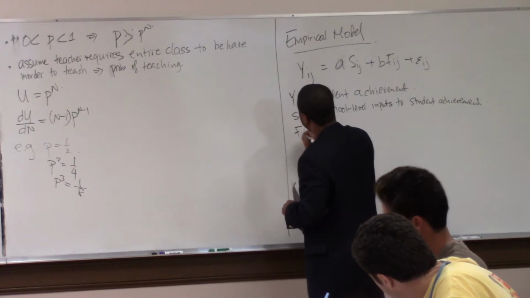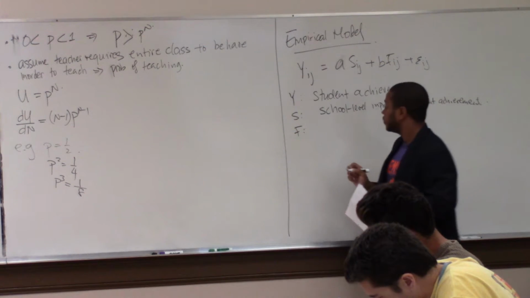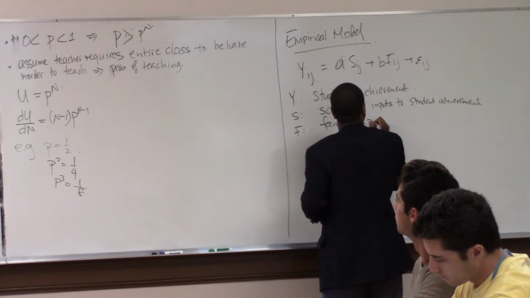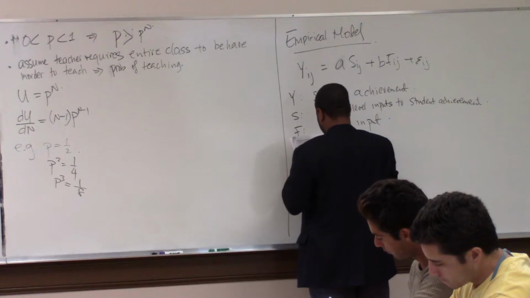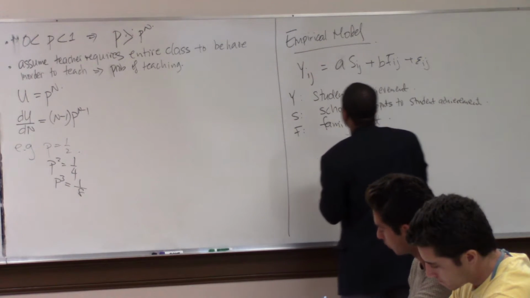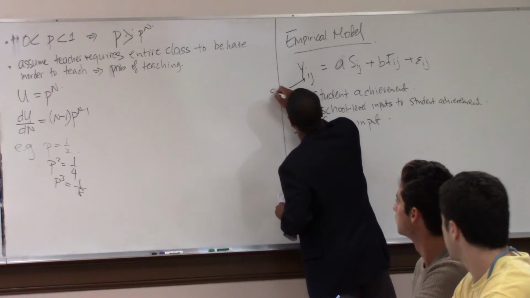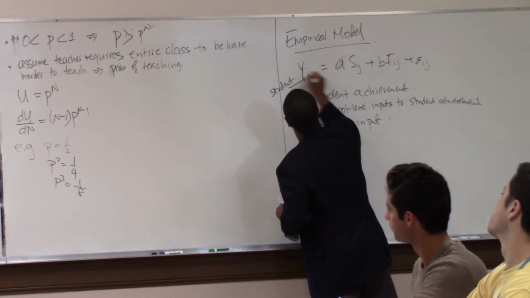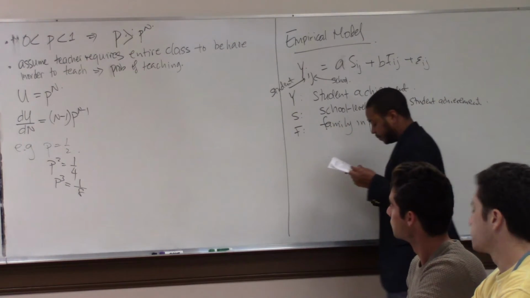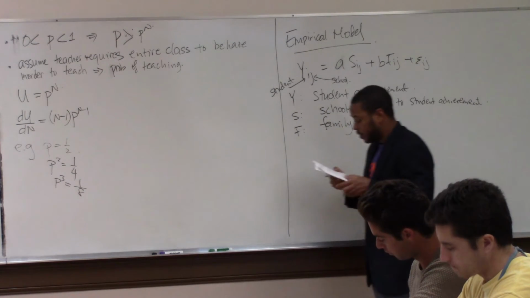And what about the F? Yep, F is going to be the family inputs. And the index i is going to be for the student, and the index j is going to be for the school.